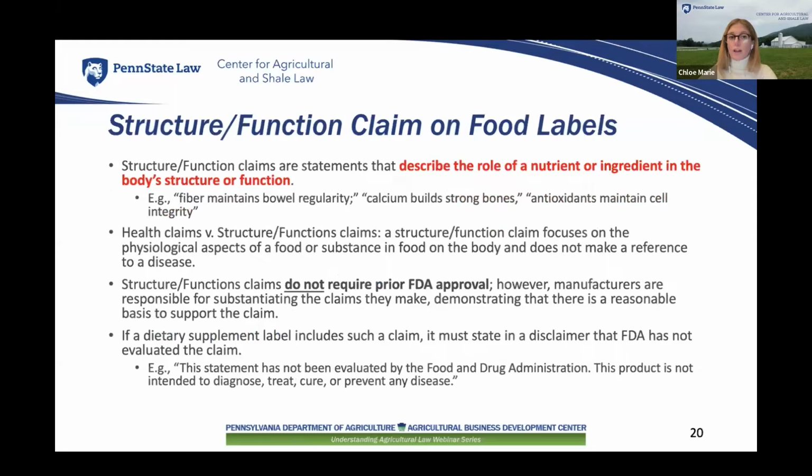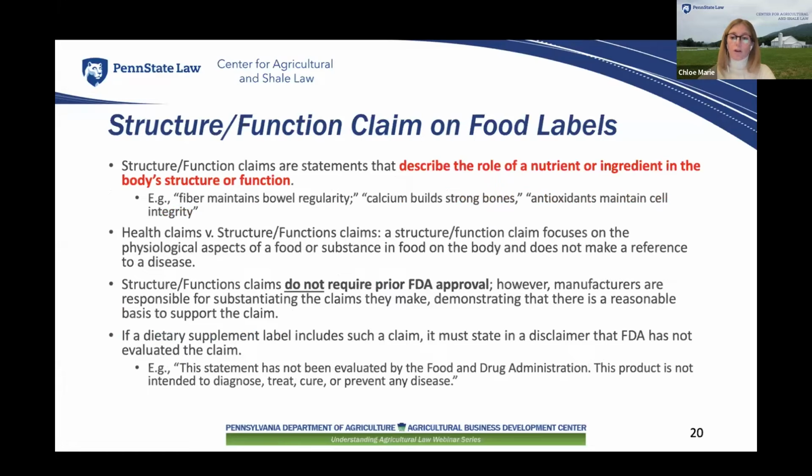A structure/function claim can be found on the labels of food and dietary supplements and describes how certain nutrients or ingredients affect the body's structure or function. For example, calcium builds strong bones. Manufacturers must show that there is a reasonable basis for them to make that claim.